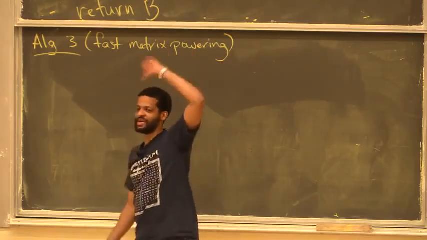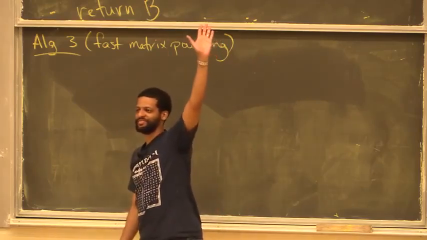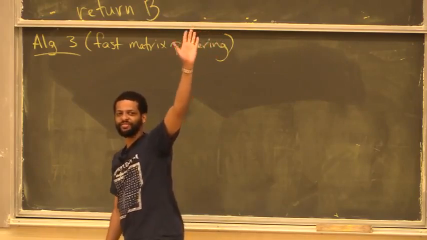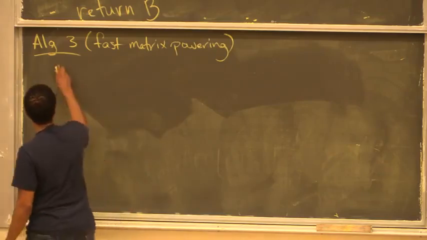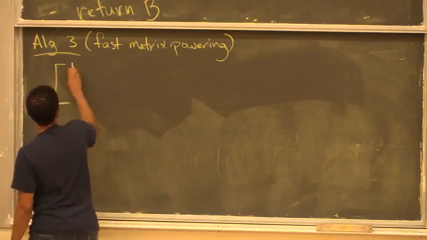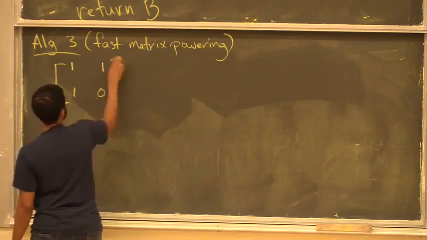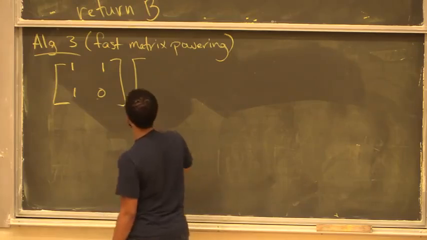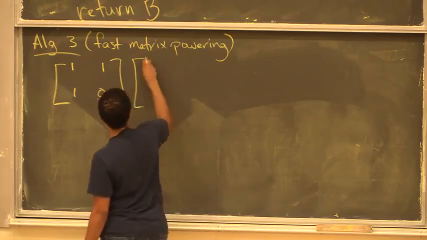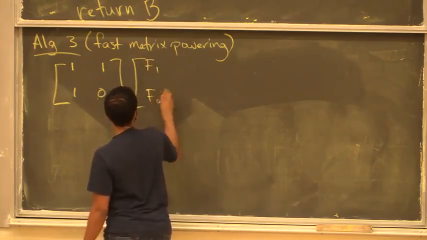Who here has no idea what a matrix is? Everyone is fine? Okay. So I can define a matrix as follows. 1, 1, 1, 0. And then I can define a vector as follows. Let's say this is F1 and this is F0.